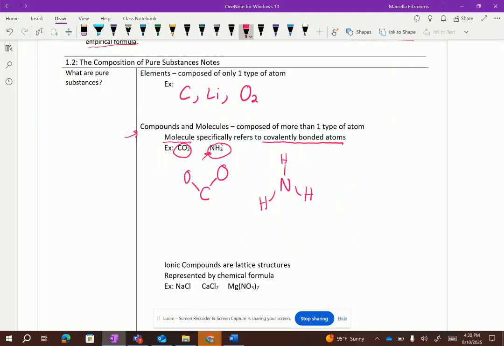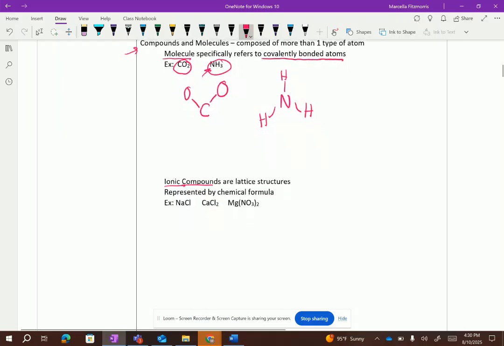On the other hand, we can have a compound, specifically ionic compounds. These are not covalently bonded. And in this case, even though it says one Na and one Cl, that doesn't mean there's actually one Na and one Cl. That's just the ratio they appear in.